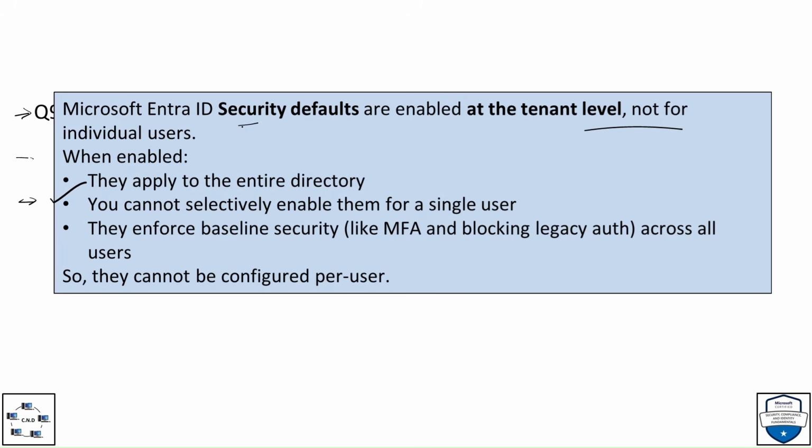They are enabled at the tenant level, not for individual users. So when enabled, they apply to the entire directory. You cannot selectively enable them for a single user, and they enforce baseline security like MFA and blocking legacy authentication across all users. So they cannot be configured per user.